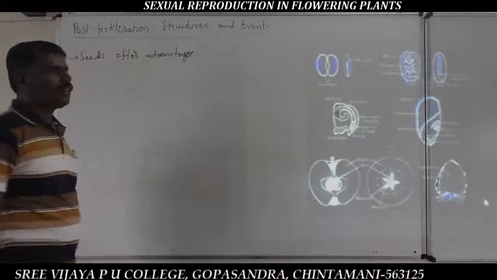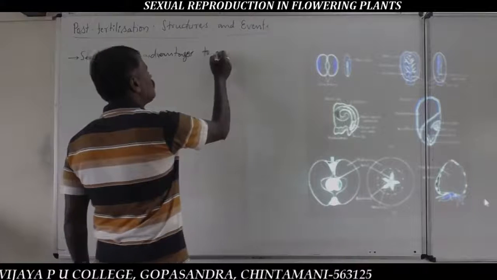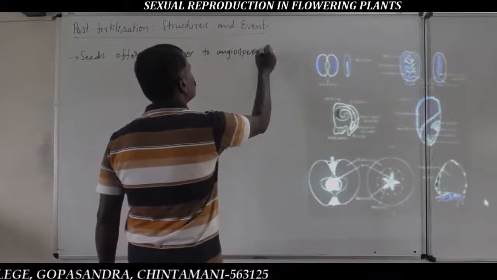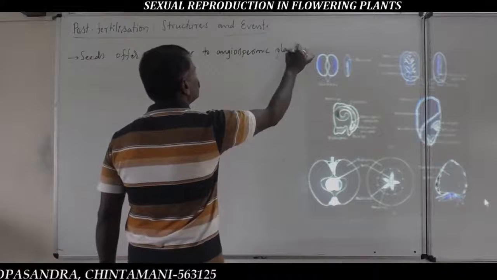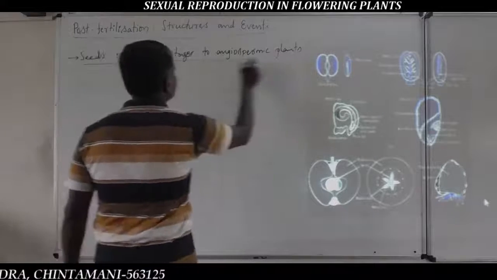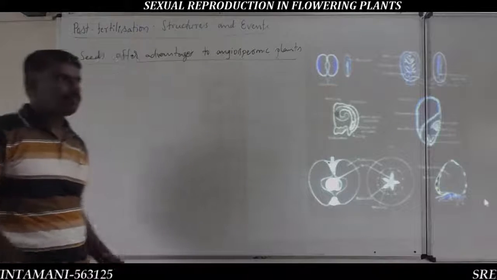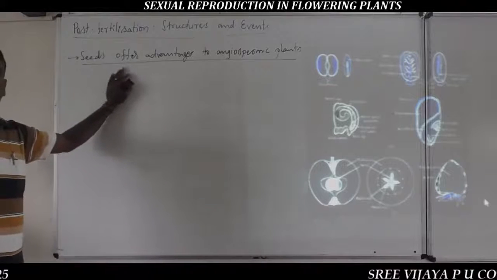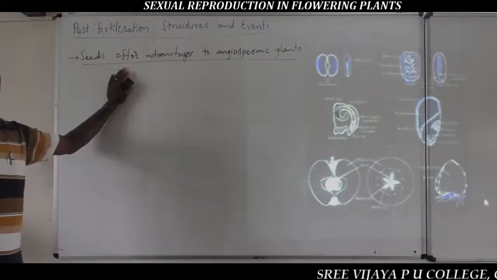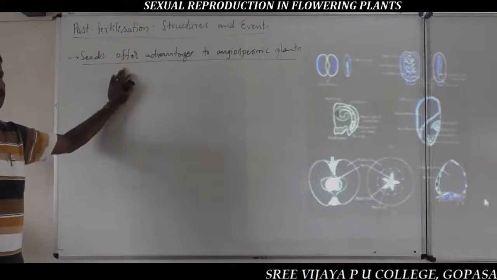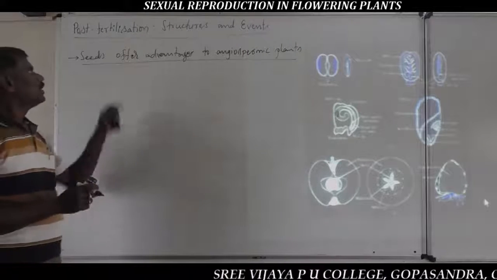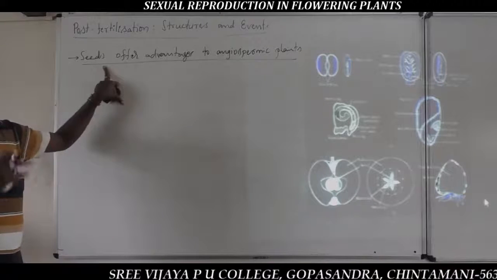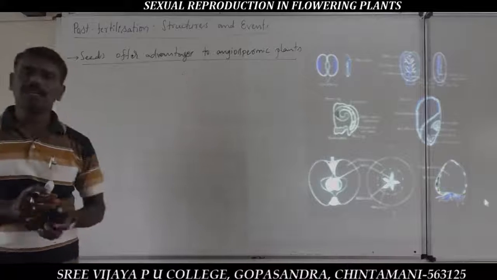Seeds offer advantages to angiospermic plants. Last time, there was a question: name the advantages of the seeds towards the angiospermic plant. So what are seeds? What are the advantages provided by these seeds towards angiospermic plants?